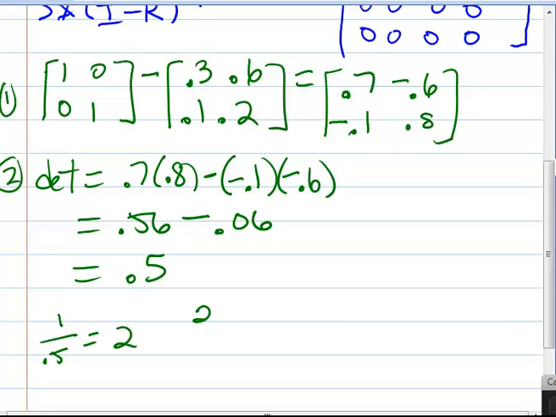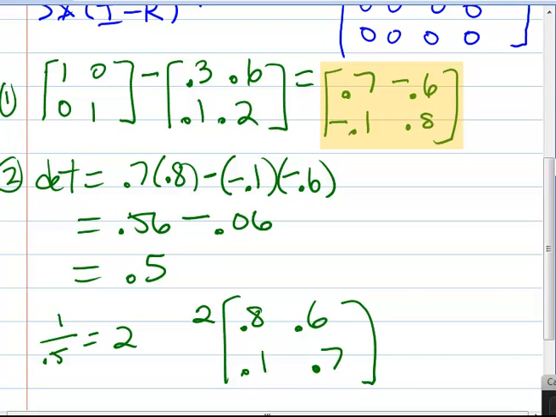I'm going to take 2 and multiply the matrix that I get when I interchange the two entries on the main diagonal. So put the 0.7 down at the bottom, 0.8 up at the top, and I multiply by negative 1 the elements on the other diagonal. Since they're already negative, it just turns them positive.